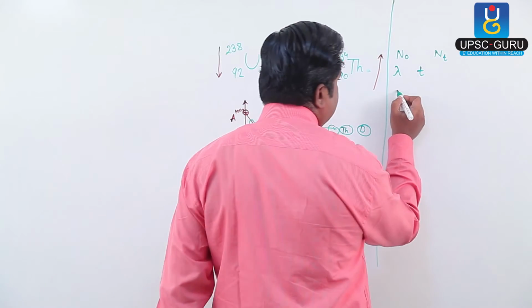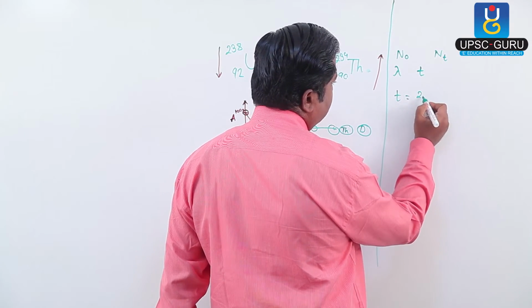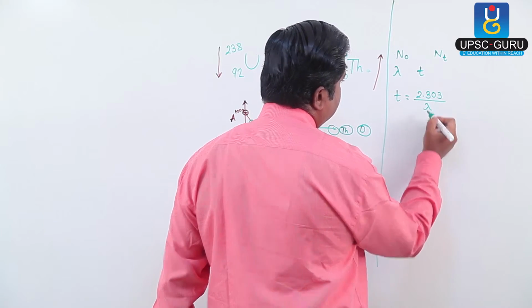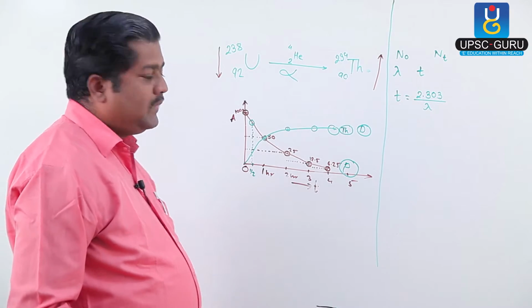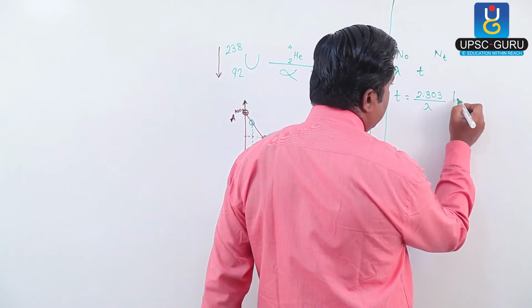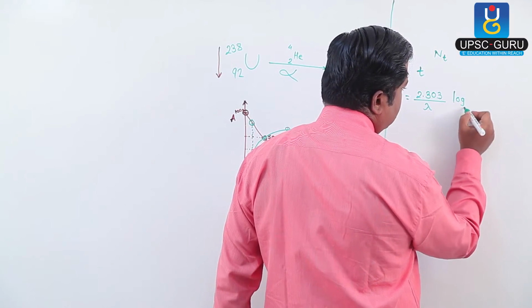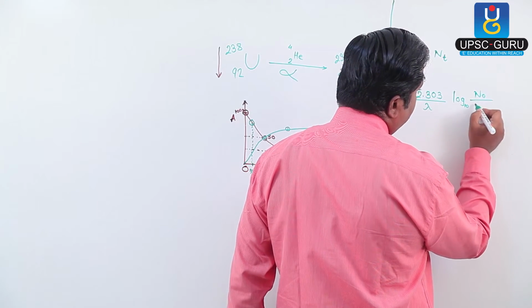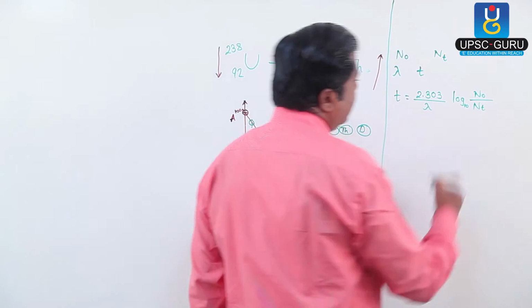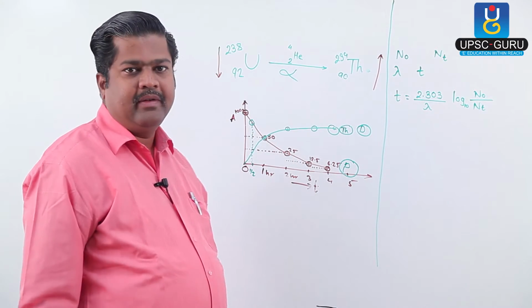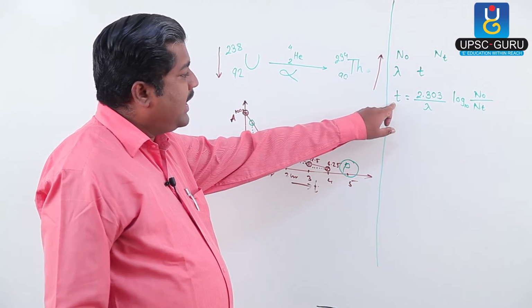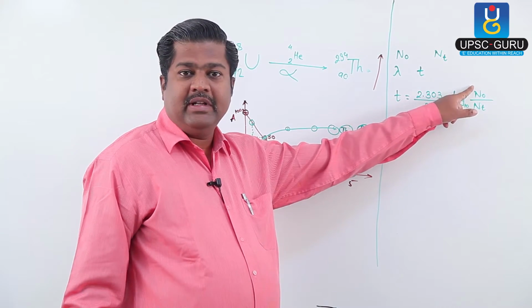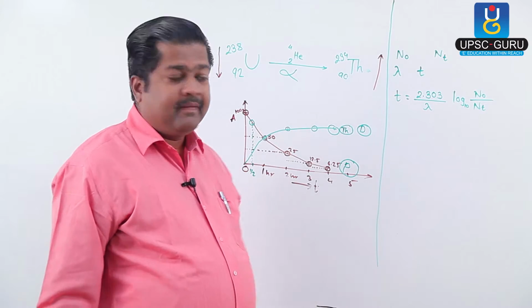So the formula is T equal to 2.303 upon lambda, into log of base 10, N0 upon NT. Base 10 means whatever normal log we are calculating, that is base 10 only. So if we have the time, we have the value of lambda, we have N0, we can calculate NT.